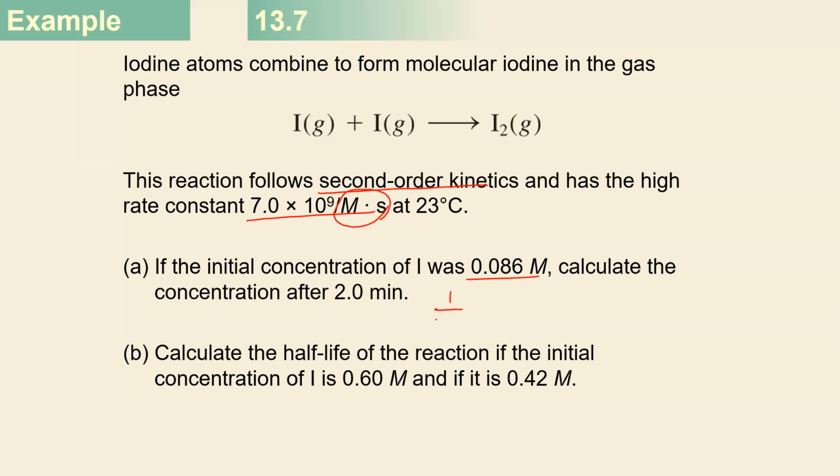So 1 over the concentration of I is equal to 1 over 0.086 plus 7 times 10 to the 9 times 2 times 120 seconds. I did a bad thing and I didn't put my units.